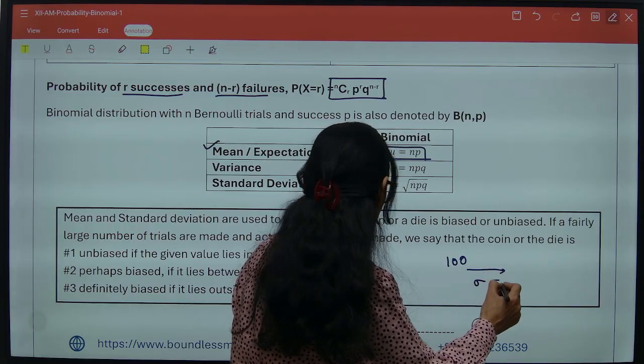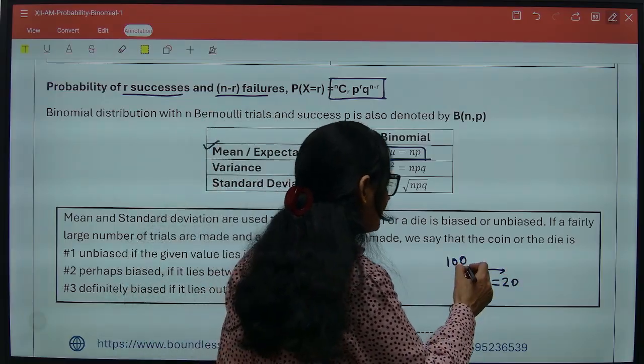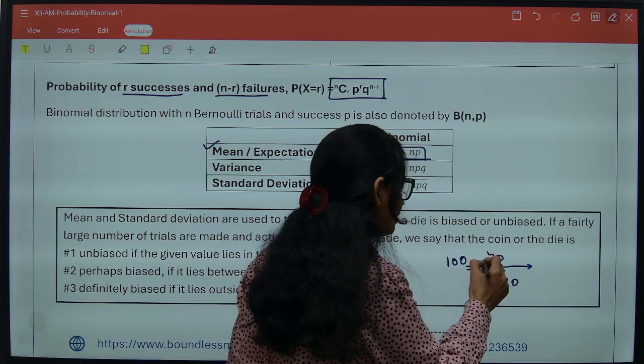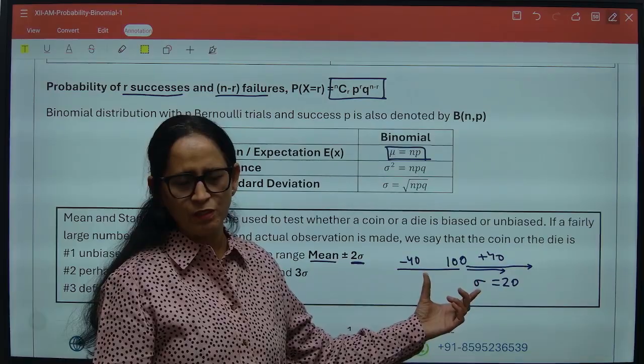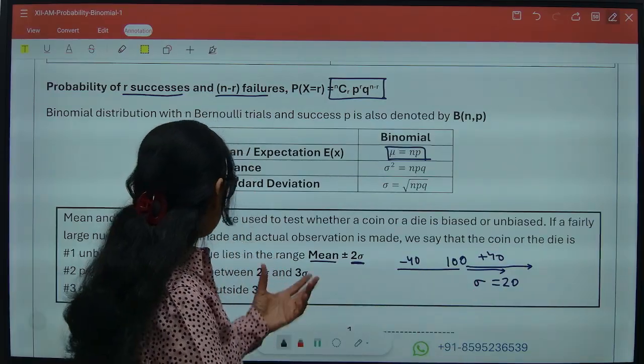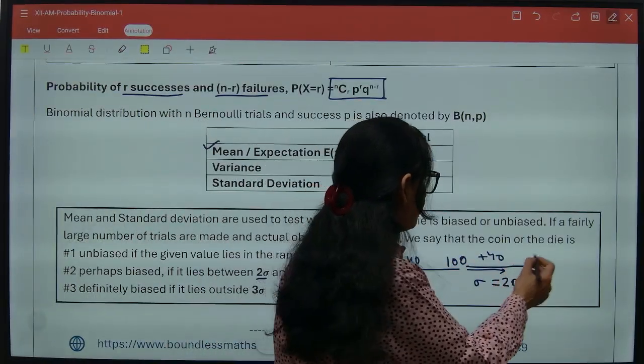So sigma is suppose 20. So 20 into 2 is 40. So something that is within plus 40 and minus 40, we'll say this is an unbiased dice or a coin. But something that lies between 2 sigma and 3 sigma, that means 3 times 20 is 60.